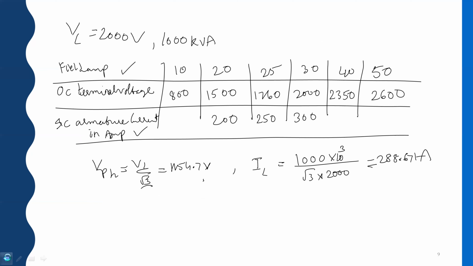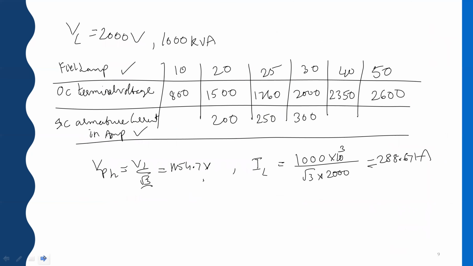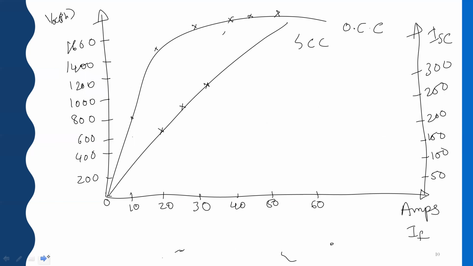In my previous slide, I have got ISC as 288.67. So I will be taking IA phase, for IA phase 288.6751, I have to find out my IF.